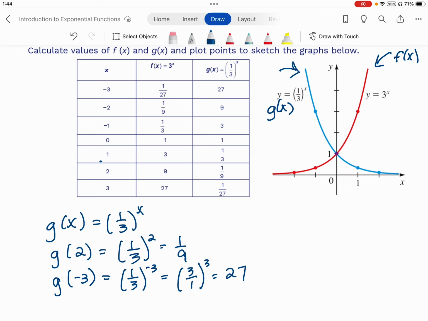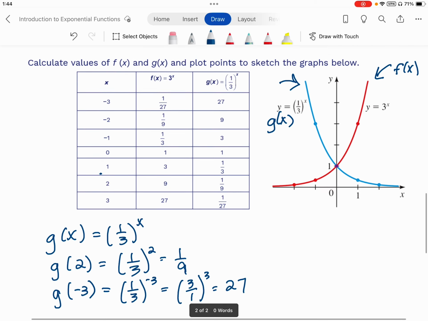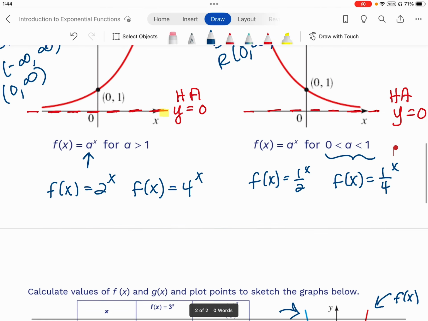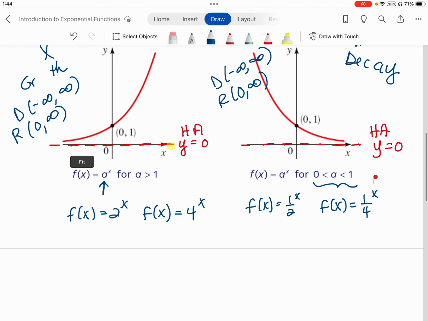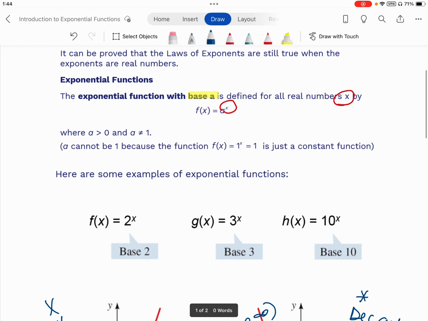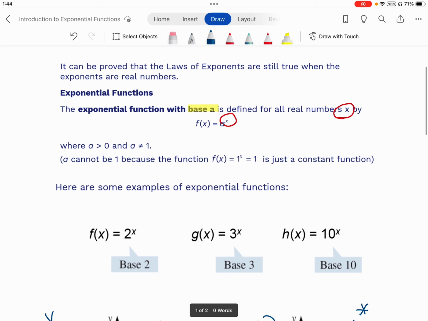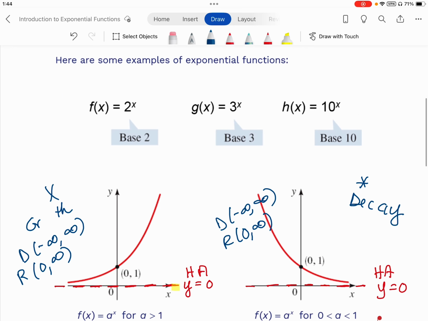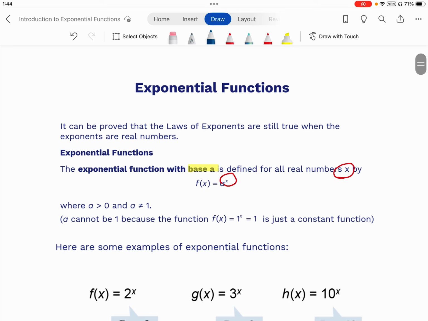So as my x values increase, my output values decrease. So think about the different types of growth and decay as you're working through problems. You also always want to consider domain and range and make sure you're using the proper a values, following the rules with the type of base that you have to have.